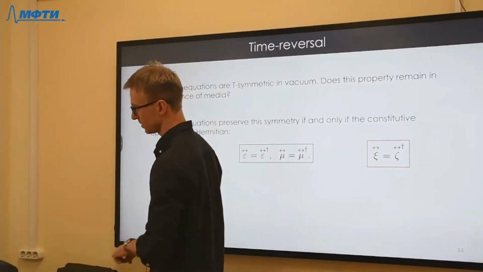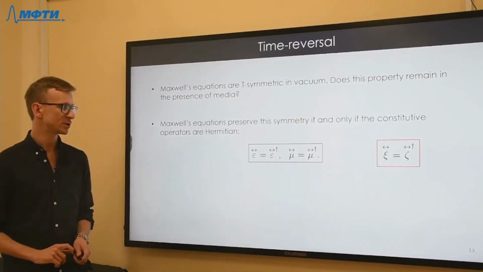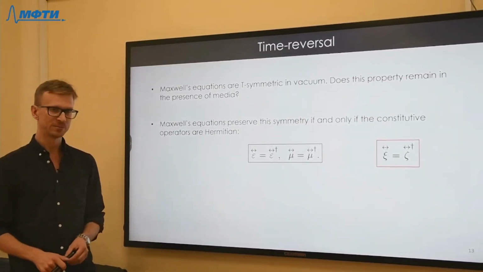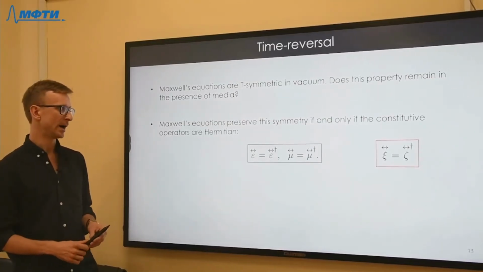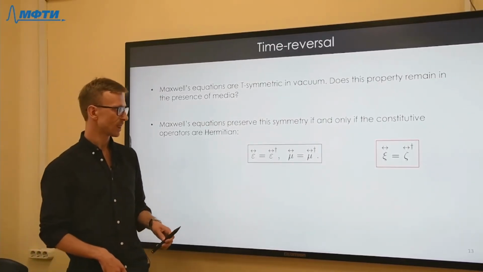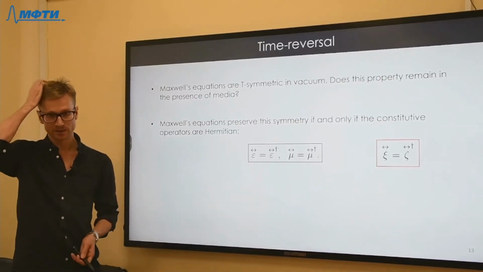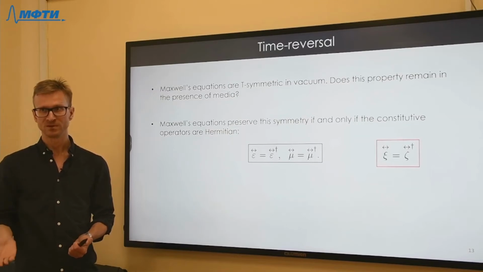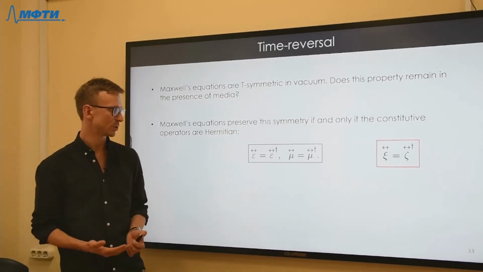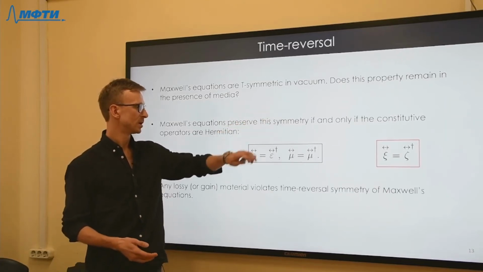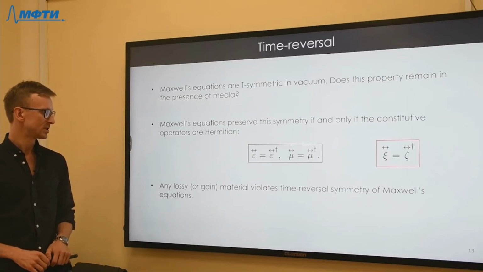This means that Maxwell's equations are time reversal symmetric if and only if all the permittivities and permeabilities involved in the problem are real valued. And we know from Poynting's theorem, for example, that real valued permittivity and permeability means there is no dissipation in the medium, probably no dispersion, and Maxwell's equations become time reversal symmetric.